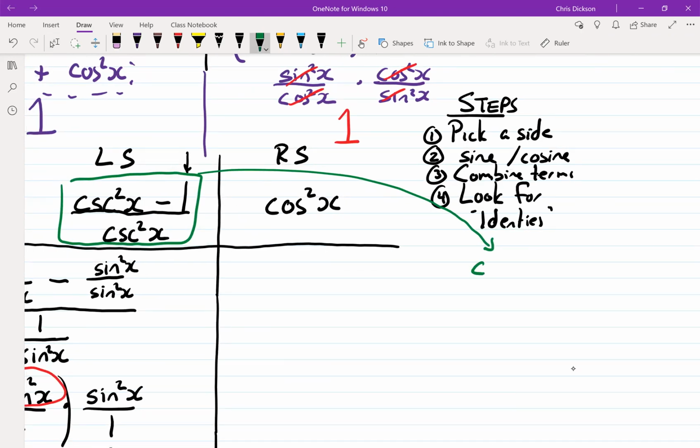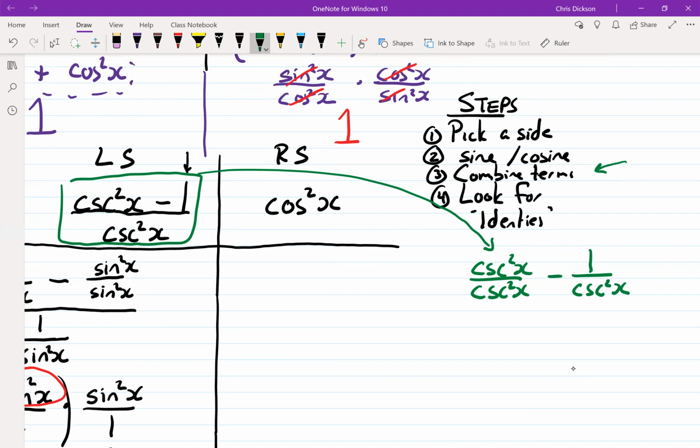So I could write this as cosecant squared x over cosecant squared x minus 1 over cosecant squared x. Okay, so I'm just splitting it into 2 fractions now, which is kind of the opposite of combining terms, by the way. So that's why I didn't want to do it that way at the beginning, because I was making a big thing last day about trying to combine your terms.